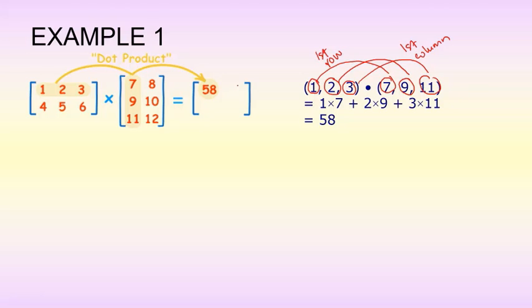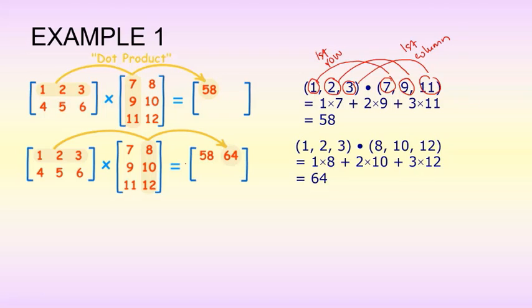Okay, in order to get the second entry for the first column, it means we multiply the second row and the first column. To get the second entry for the first row, we multiply first row, second column, and totaling up we have 64.